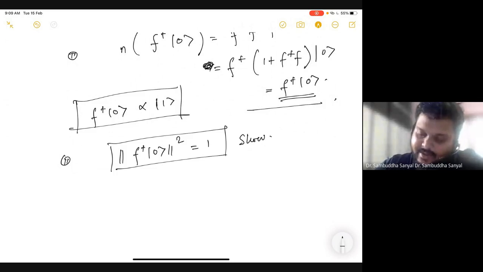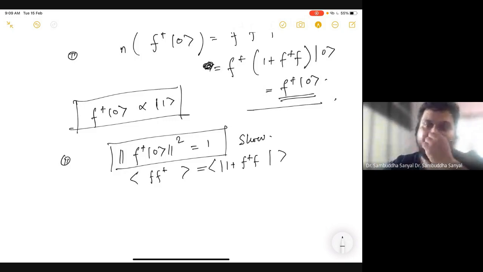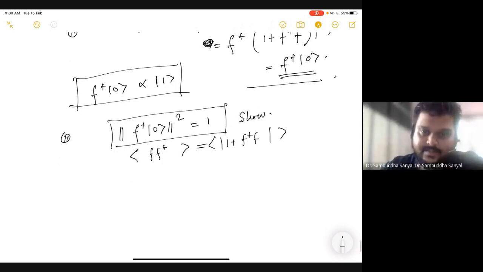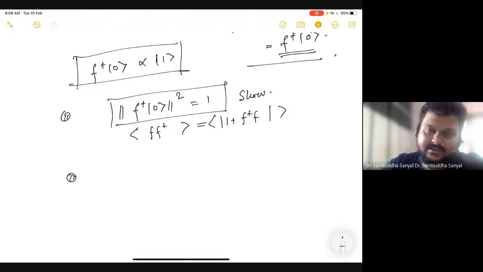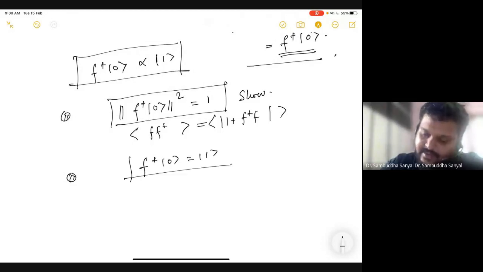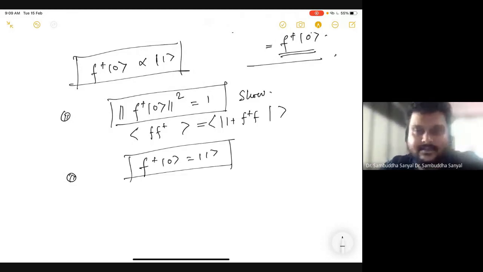All you have to do is expand this, write it as f f dagger and use the anti-commutator 1 minus f dagger f. And then you can get the 1 and show the other part is obviously 0. So that means f dagger 0 is 1. No hassle of the normalization.